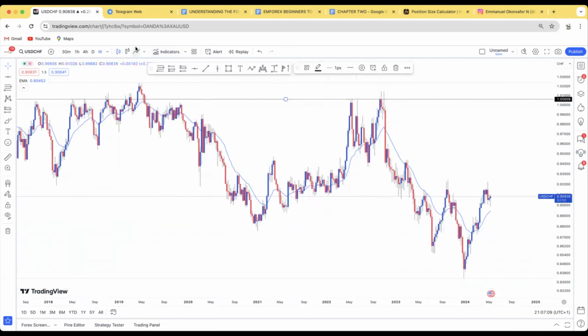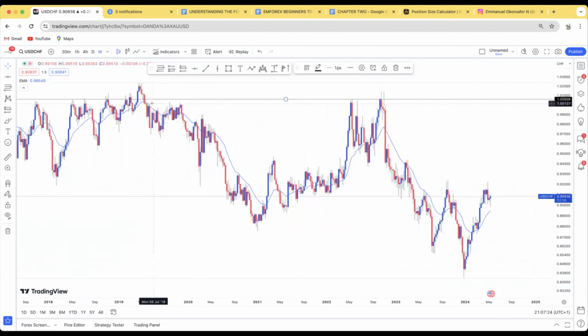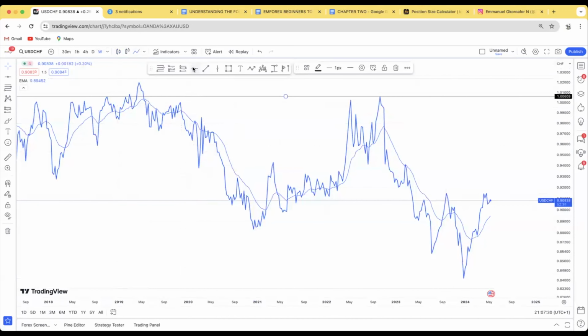So what I do is I come to the line charts, look for areas where price touches multiple times. Touch here, touch here, touch here, touch here, broke, touch here. Even if I convert it here, you can see it touch, touch, here, touch. So I just do this for different areas.